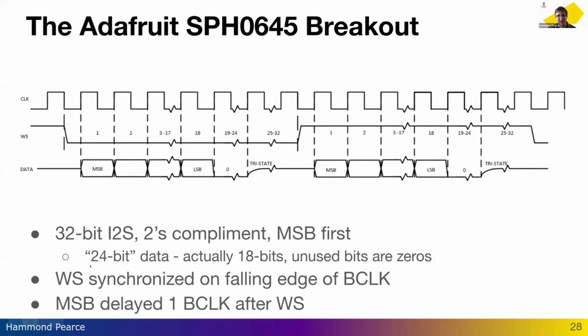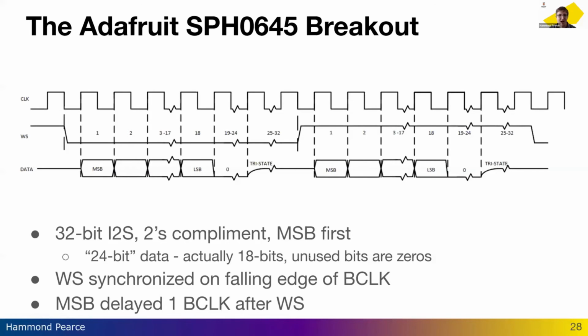In our case, this microphone actually only uses 18 bits of those 32 bits. First it promises to only have 24 bits of data, and then it says the other 8 bits are just tri-state, so that's a bit annoying. And then it says that of those 24 bits, we're only going to use 18 bits. So it's a 32-bit protocol, but we're really only using 18 bits of the protocol.